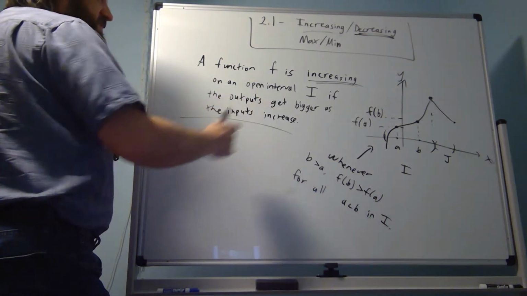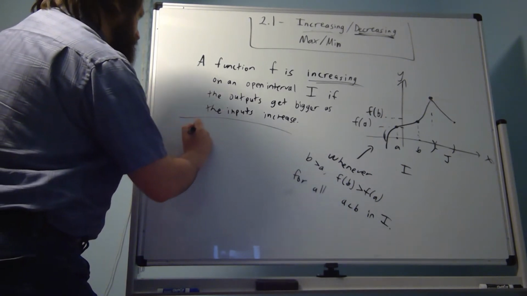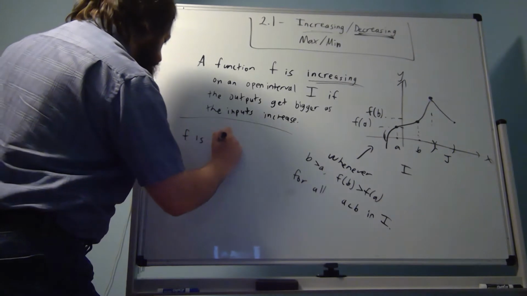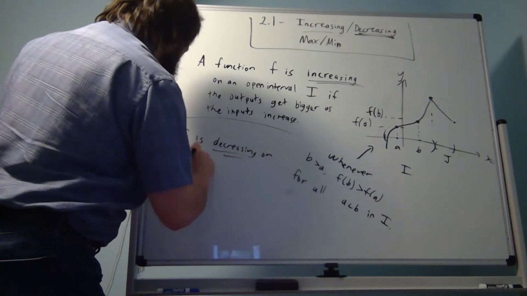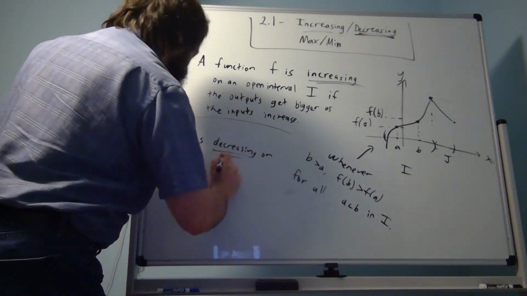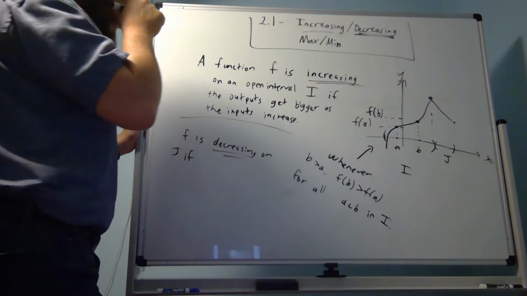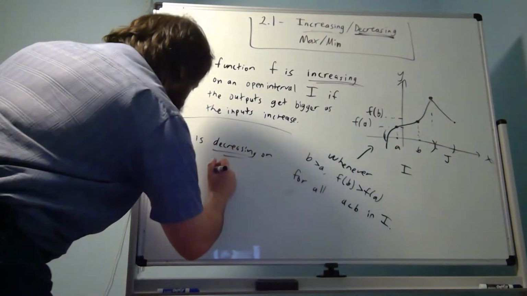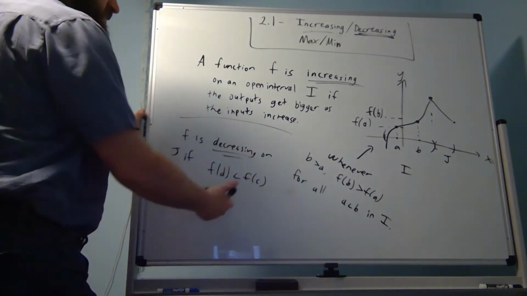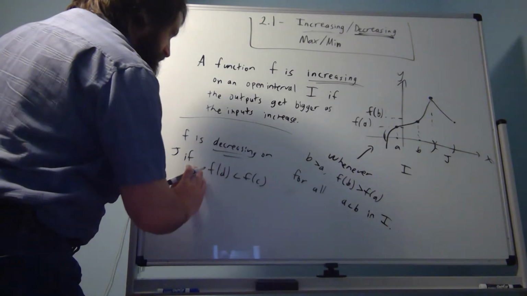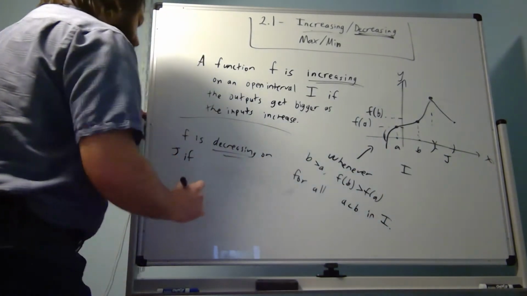So just to use the same picture for both, I'm going to say a function, so maybe I have C and then D. If f of D is less than f of C, so it's the opposite inequality, I'll write it down over to the right.